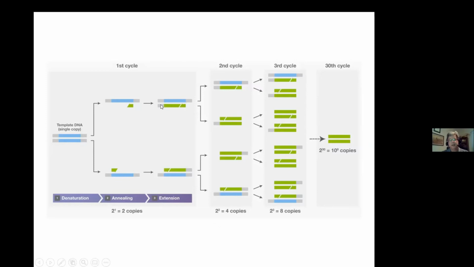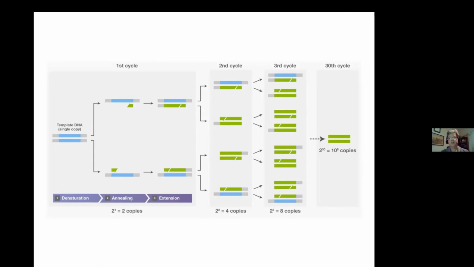And then the DNA polymerase will make copies of the originals, just like it does in the cell, but we're going to keep going. We're not going to split the cells. There is no cell. It's all happening in a test tube. So 1 becomes 2, 2 become 4, 4 become 8. And if you do it long enough, you go from 1 copy of DNA to a billion copies of DNA, and we can certainly play with a billion copies of DNA.